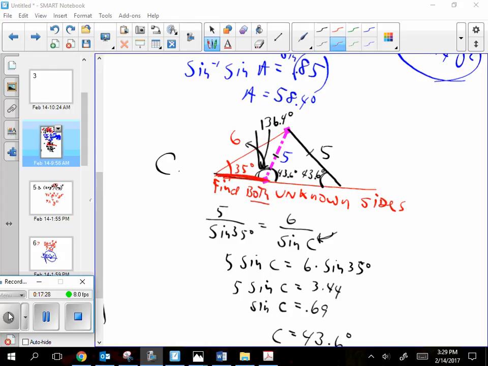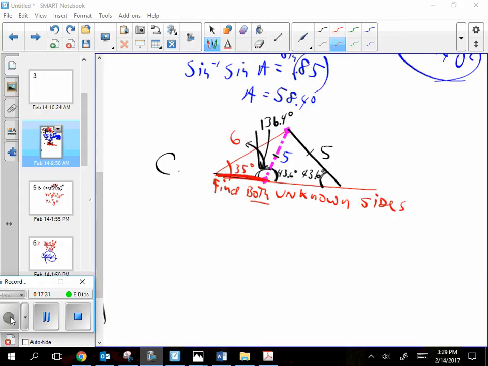All right. So I'm going to clear off and get ready for that. Well, I can use law of sines in this triangle right here and say 6 over sine of 136.4 would have to equal this angle going with this mystery side here. I'm going to call A. All right, so I need this mystery angle up here.